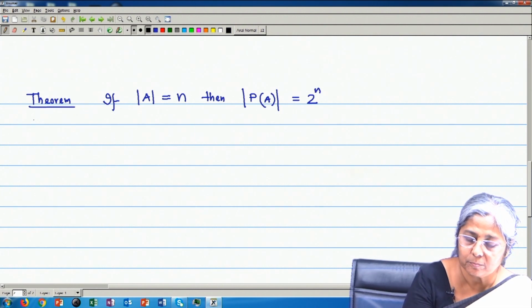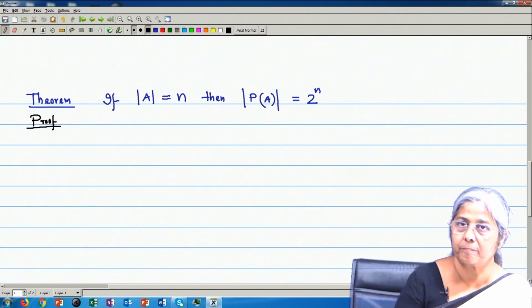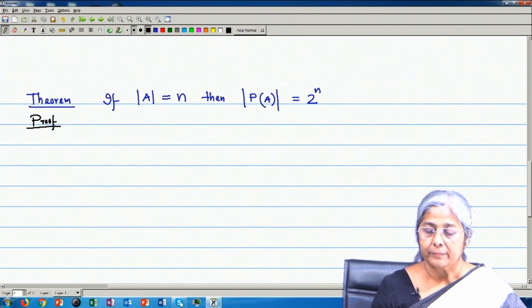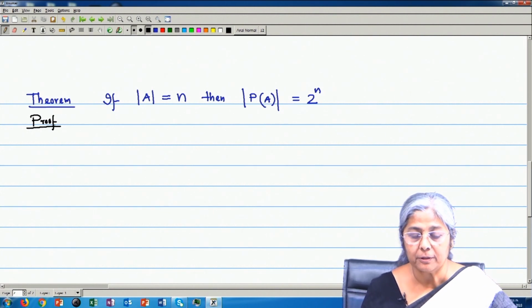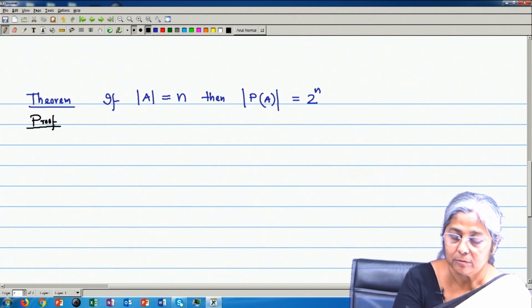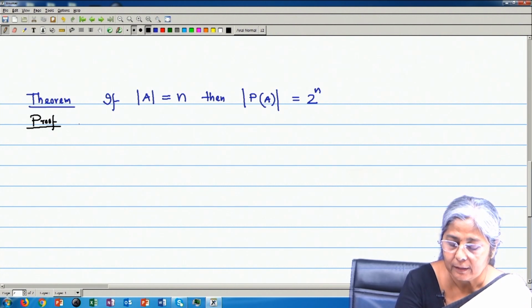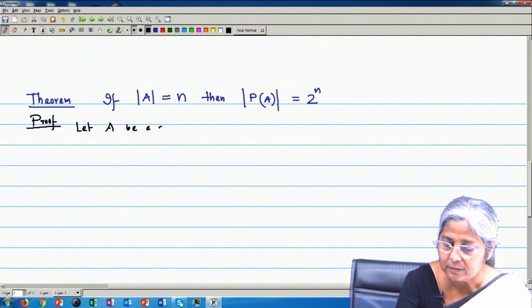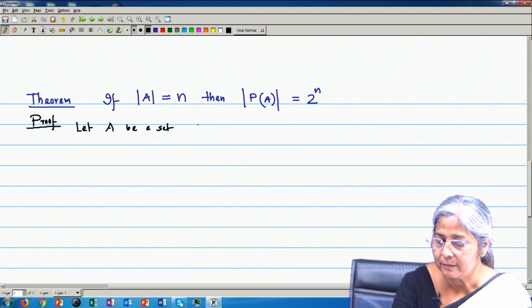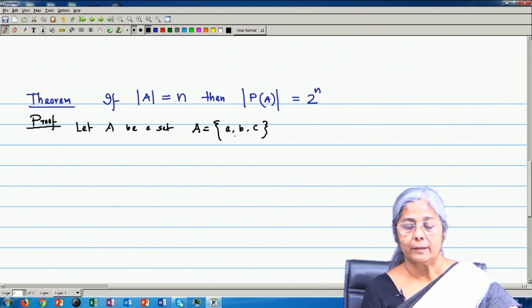Now, how to prove that? Before we give the proof, we consider the previous example. Let A be a set with 3 elements, a, b, c.